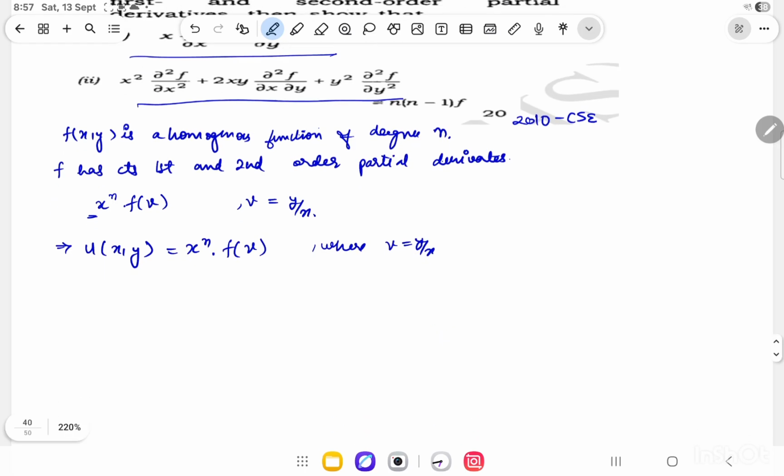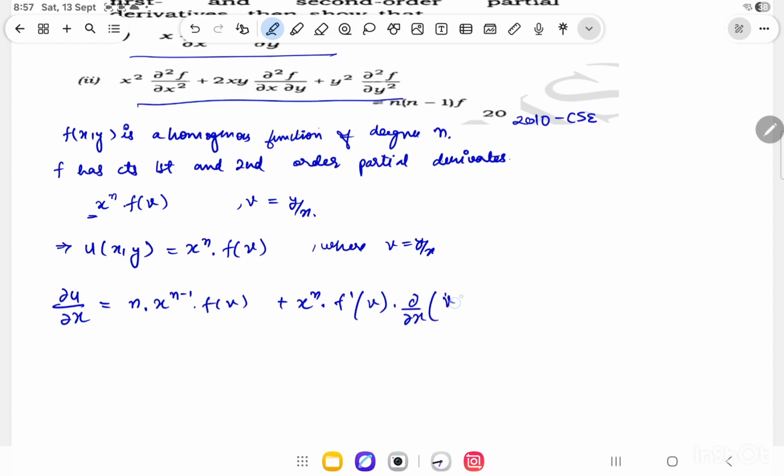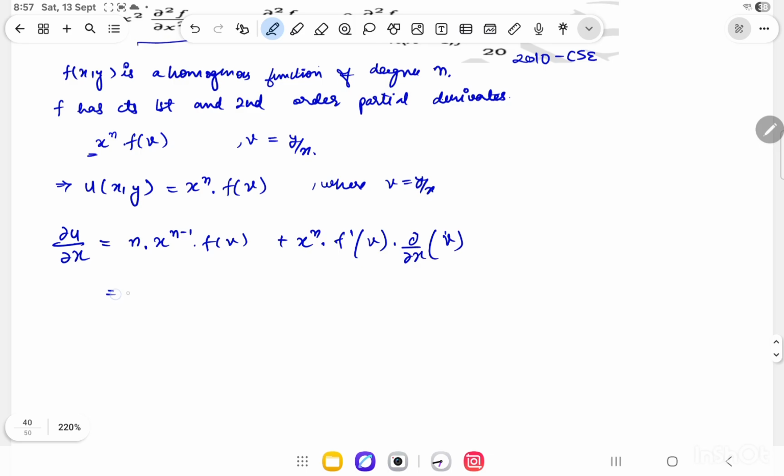If I take the partial derivative of u with respect to x, I'll get n into x raised to n minus 1 into f of v plus x raised to n into f dash v, that is y by x, and then the partial derivative of v with respect to x. So this basically gives me n into x raised to n minus 1 into f of v plus x raised to n into f dash v into minus y by x square.